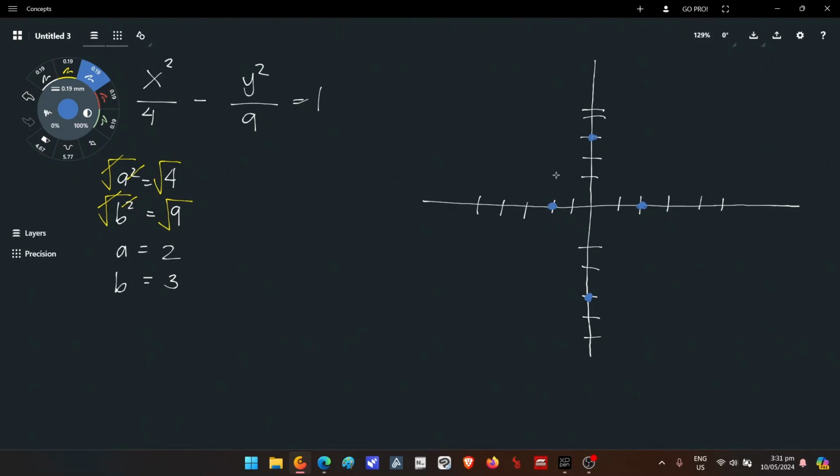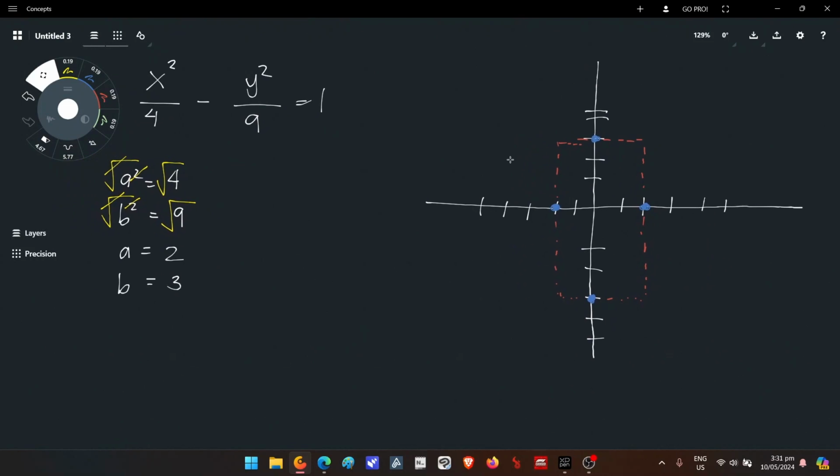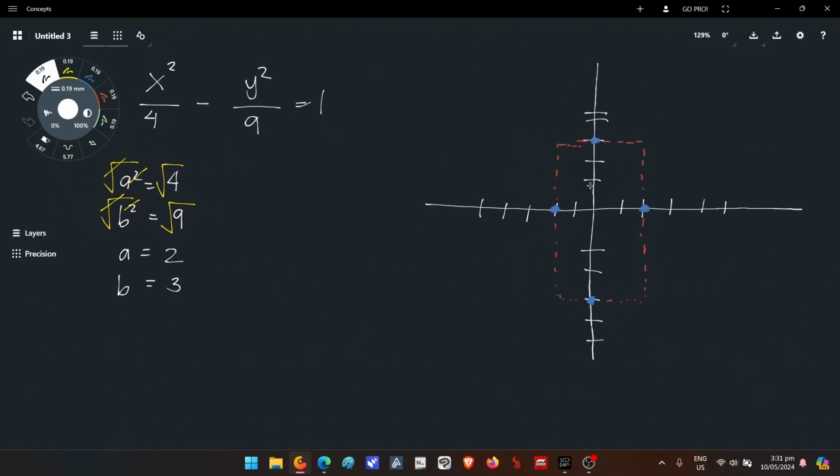A technique for finding the asymptotes is drawing a red line, or a red box rather. Now that we have this, we can draw the asymptotes, which go from the corner through the center and then to the opposite corner.